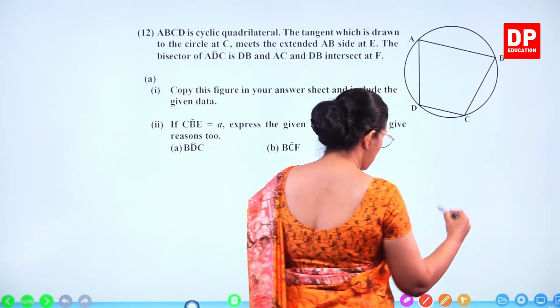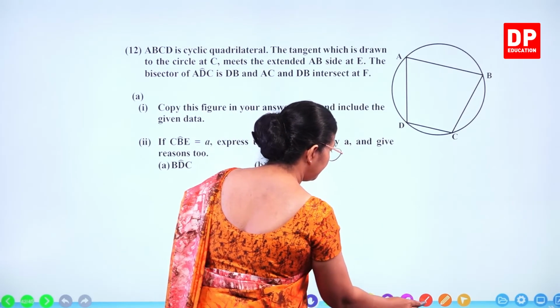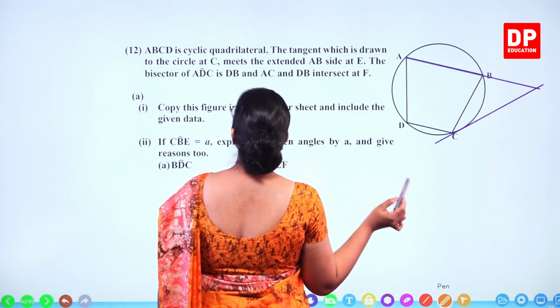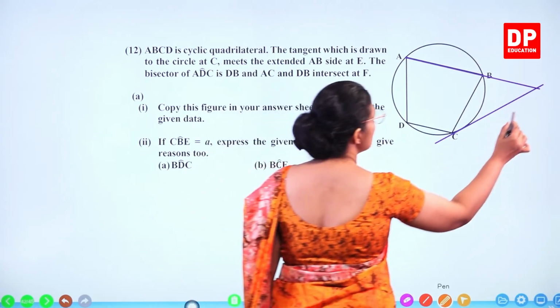The tangent drawn to this one and AB length intersects at E. So this point is E.